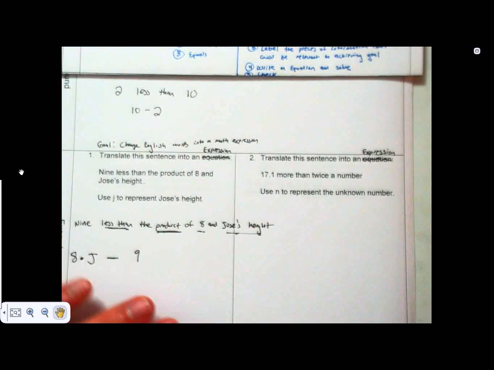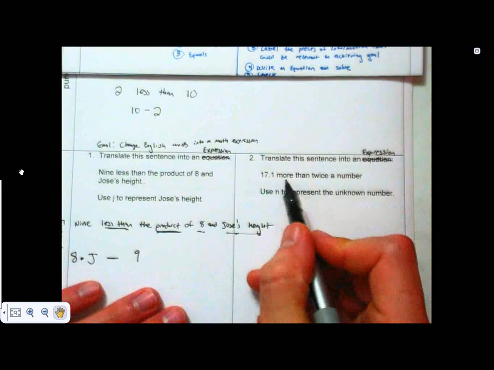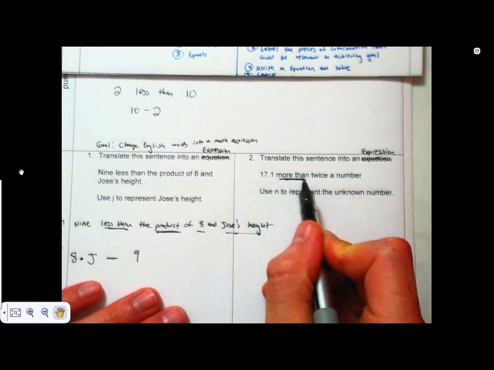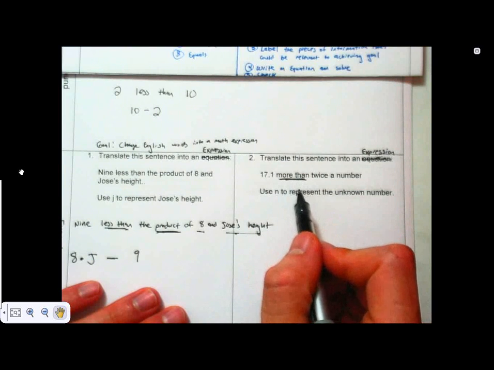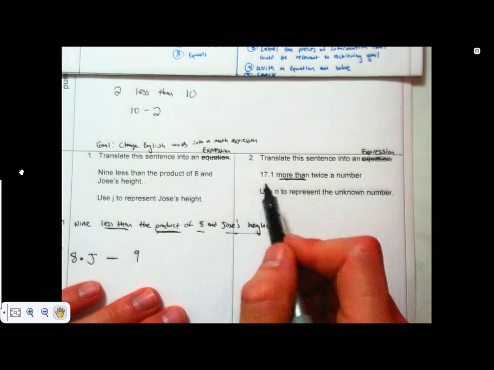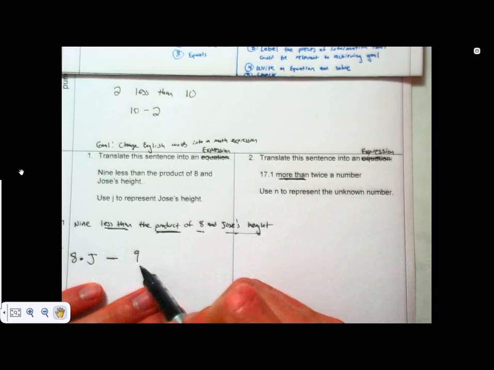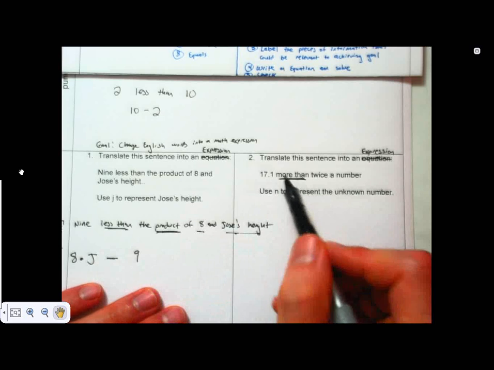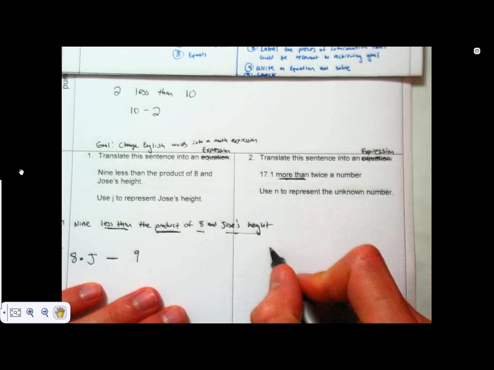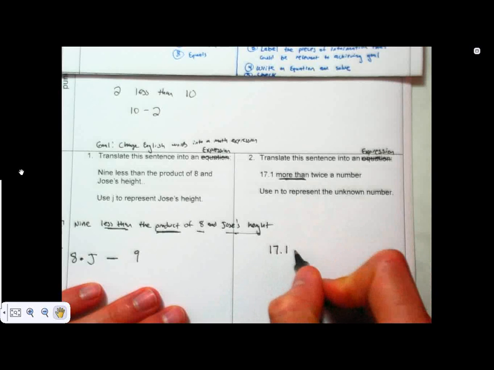Okay, so for number 2, what I see there as a keyword is the words more than. And if you looked in your keywords section, you should have found that under addition. And with addition, order doesn't matter as much as it does with subtraction. Actually, it doesn't matter at all. So 17.1 more than, right away I can write that as 17.1 plus.